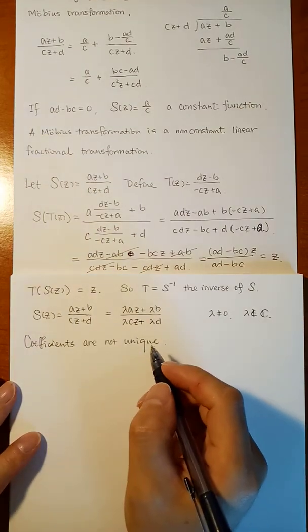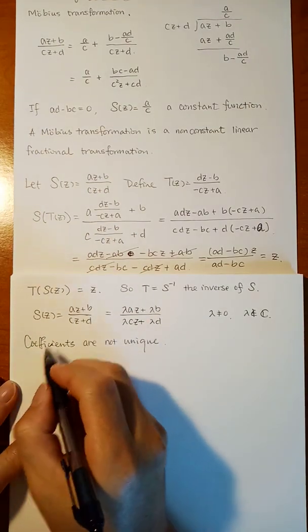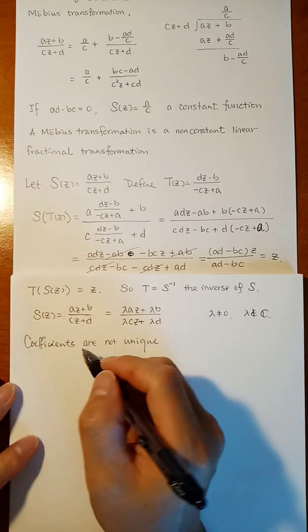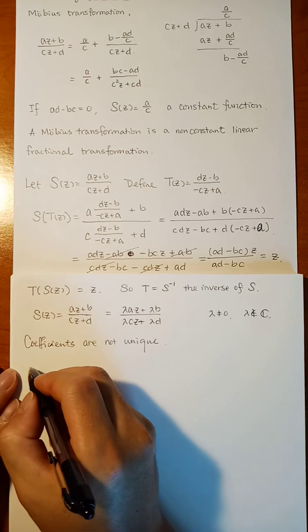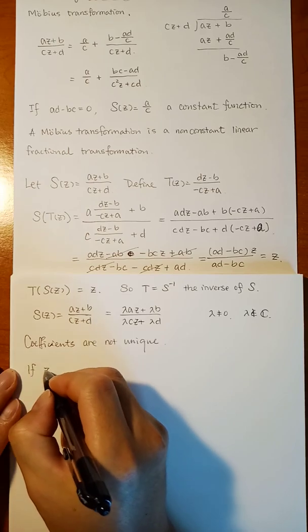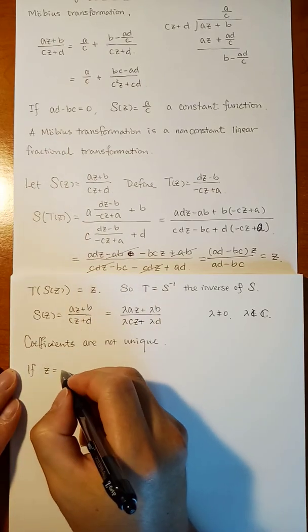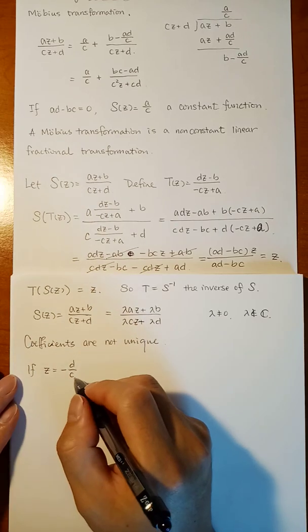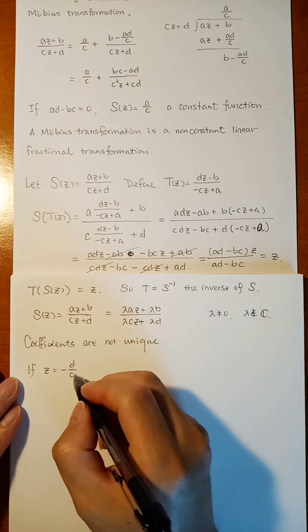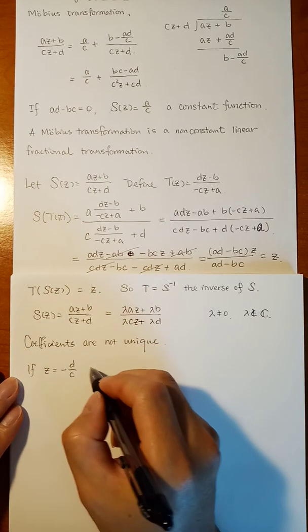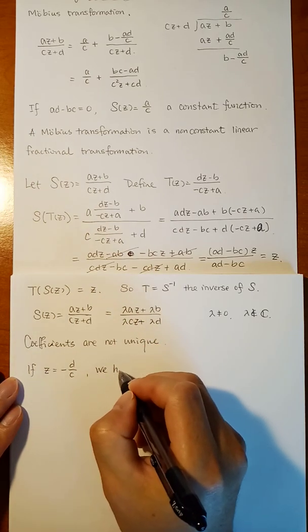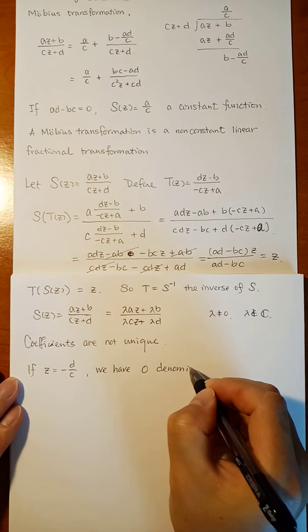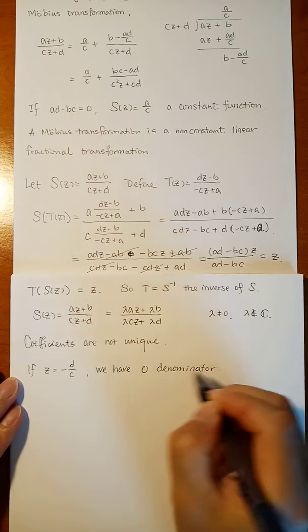Another thing, for the same expression AZ plus B over CZ plus D: if Z is equal to negative D over C, we will have a zero denominator.